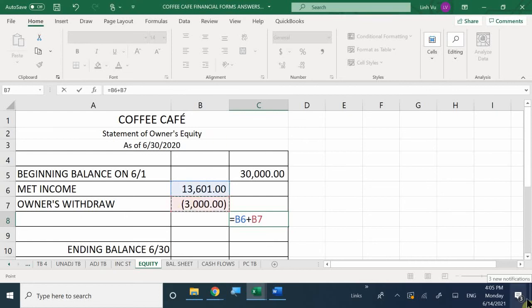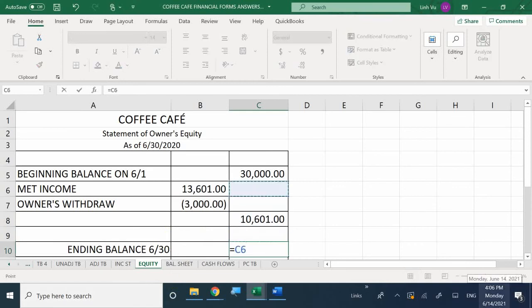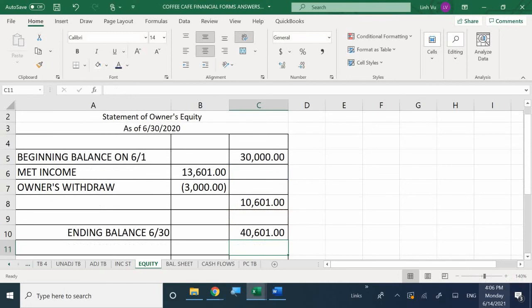I'm going to take my $13,601 and subtract out my $3,000 to give me a total amount of what? 10,601. And I'm going to add that to my total equity to give me my new equity balance to become what? 40,601. And that's my brand new equity.